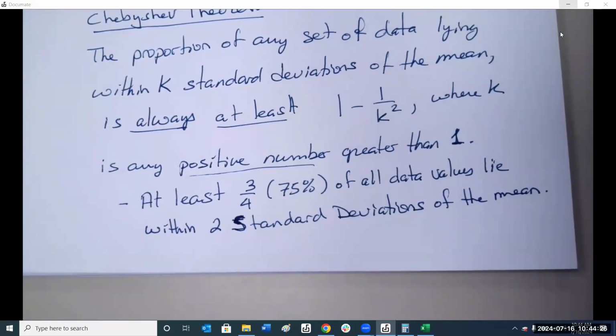How is that different than our empirical bell curve? What is the bell curve at two standard deviations? 95. So this is only 75%. Again, this is not normally distributed. This is any other weird shaped data.